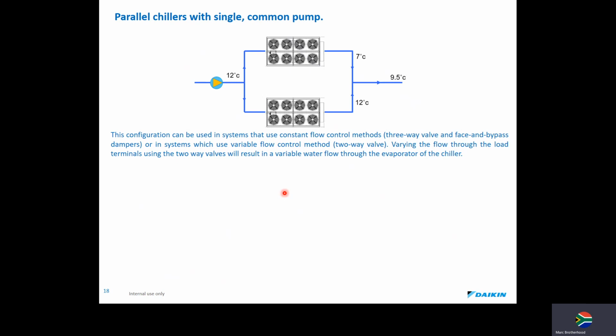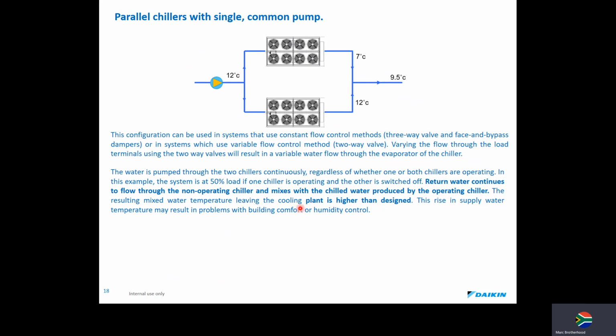This configuration can be used in systems that use constant flow control methods, so 3-way valves and bypass dampers, or in a system which uses a variable flow control method with a 2-way valve. Varying the flow through the load, not through the chillers, but through the load terminals, using the 2-way valves will result in variable water flow through the evaporator and chiller. So that's a very important thing to remember.